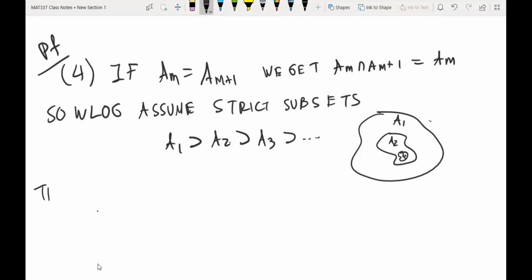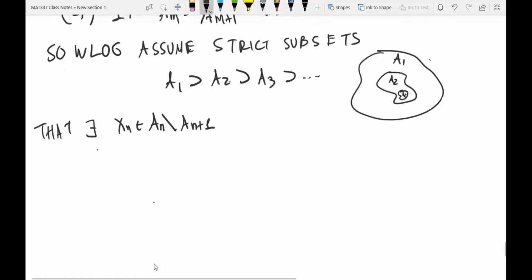Okay, that means that there exists xn in An take away An plus 1 for all n bigger than 1.